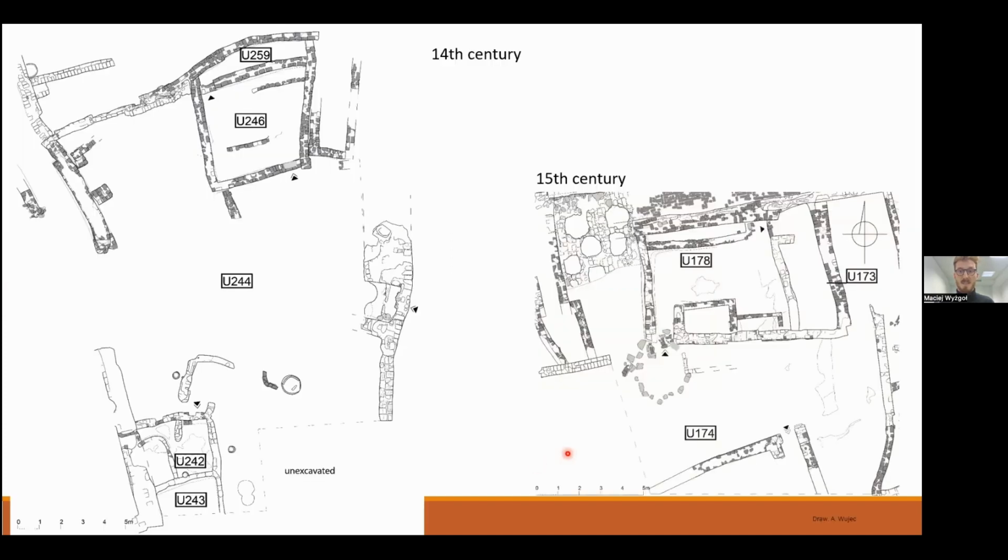Okay, let's move to the analyzed house compounds. The samples were collected from the available surfaces, so surfaces that were uncovered during excavations and were with preserved contemporary floors. In the 14th century house compound, only the southern half was sampled because that was the half that was uncovered during the field part of my research.